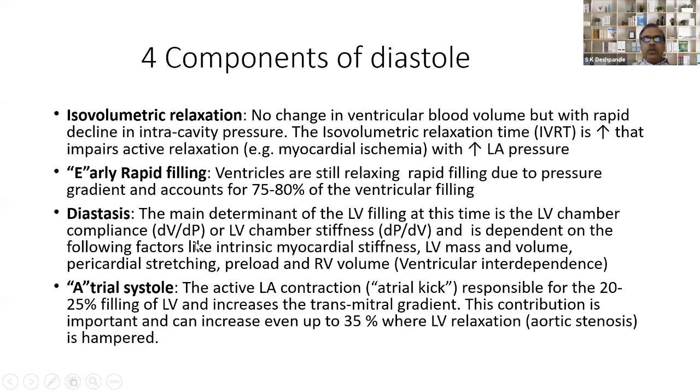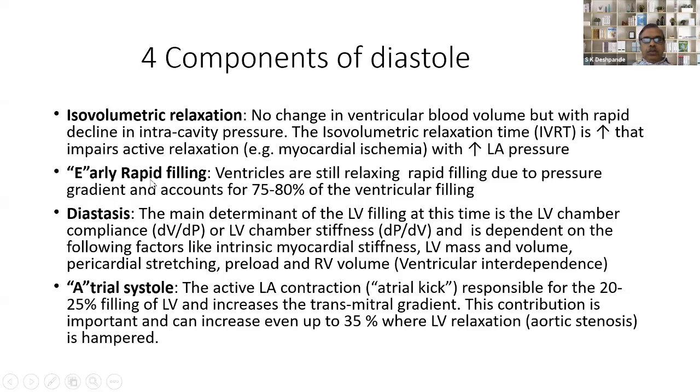As everybody knows, diastole has 4 components. First is the isovolumic relaxation, when the aortic valve is closed and the ventricle is actively relaxing. There is no change in volume, but the intracardiac pressure drops rapidly.